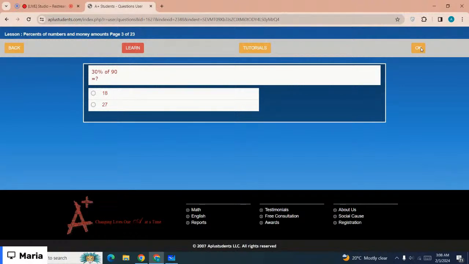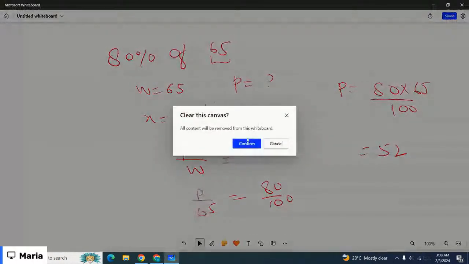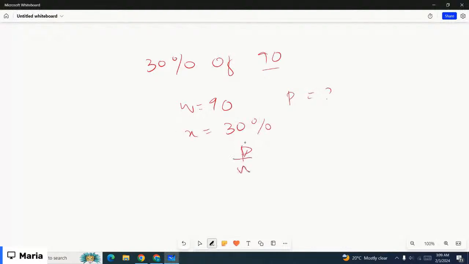You need to calculate 30% of 90. So 90 is the whole number. You need to calculate the part of 90. How much part? 30%. That is part divided by whole equals x. Part you have to calculate, whole is 90. How much part? 30 over 100. So part equals 27.